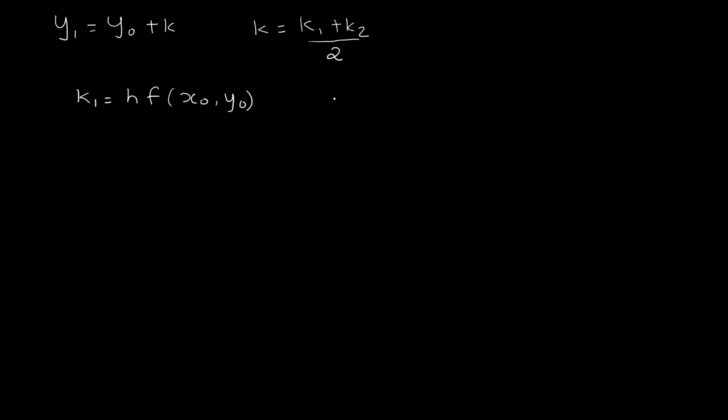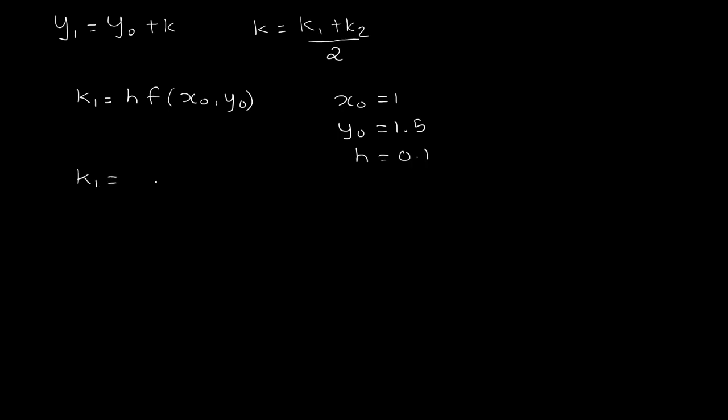Okay, so we'll start. y1 will be y0 plus k, and my k is k1 plus k2 upon 2. And my k1 is h into f of x naught comma y naught. I know x naught is 1, y naught is 1.5, h is 0.1.